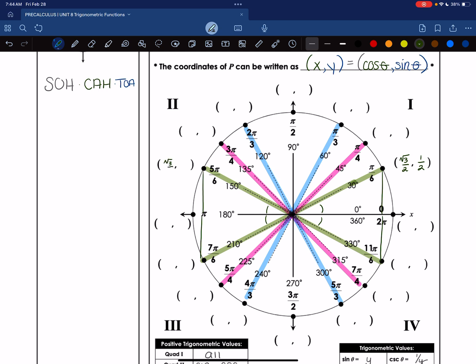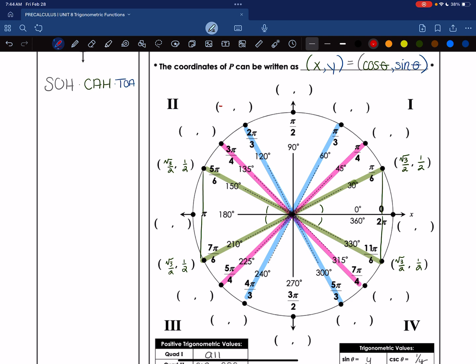And because they're located in different quadrants, check this out. There's only one small little change that we have to account for. Remember that in quadrant 2, the values that are negative are the x values.